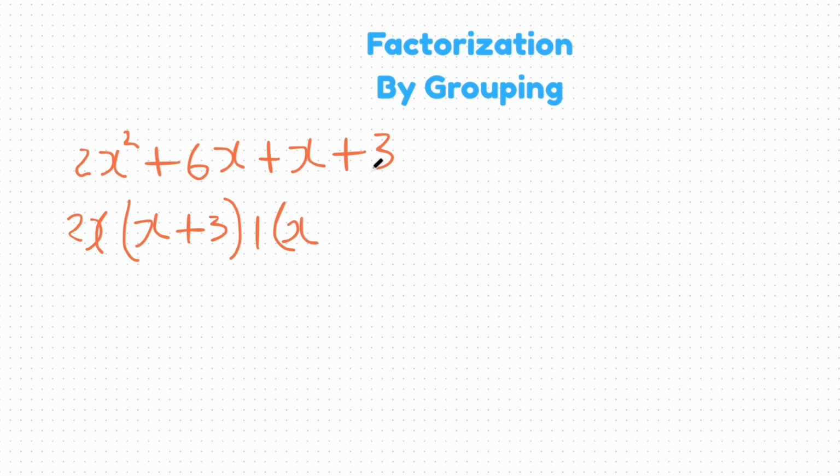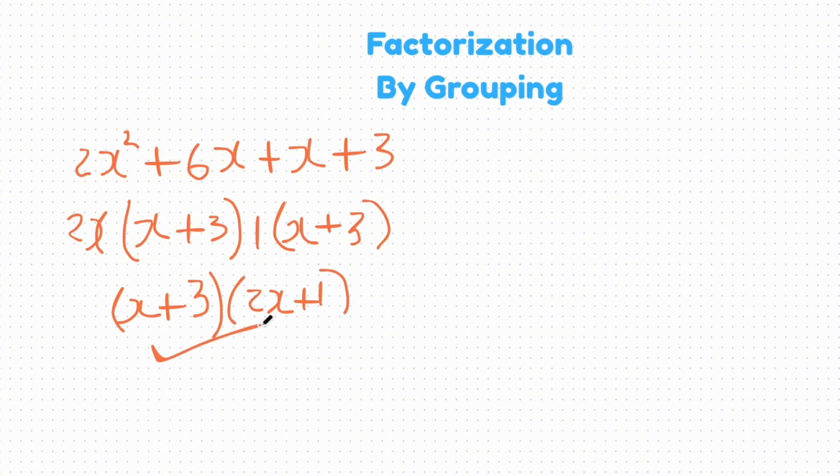And positive 3 divided by 1, that's positive 3, close bracket. We have x plus 3 twice, we only need to write it down once, so that's x plus 3, close bracket. Then 2x plus 1, a positive 1, and that would be the answer.